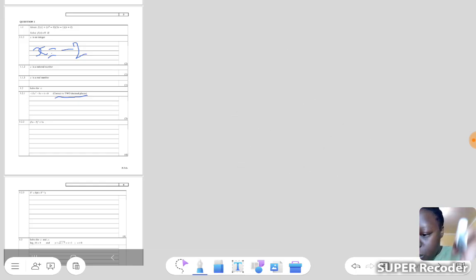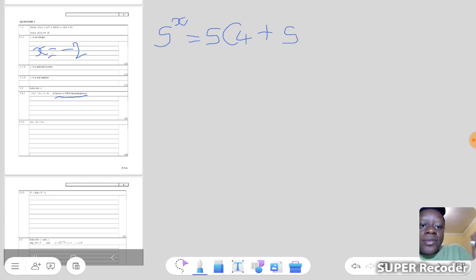Let's go to 1.2.3. Given that we have 5 to the power of x, which will be equals to 5 into 4 plus 5 to the power 2 minus x, then close brackets. We have to solve for x.